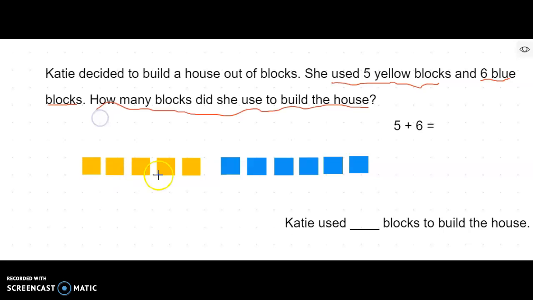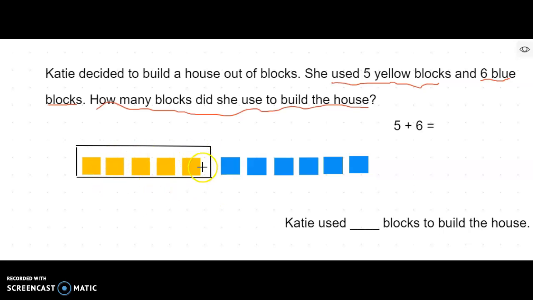I actually already set up our picture. I set up our 5 yellow blocks and our 6 blue blocks. What I'm going to do is I'm going to box them both. I'm going to set up our tape so that I can see how they're both connected as parts.